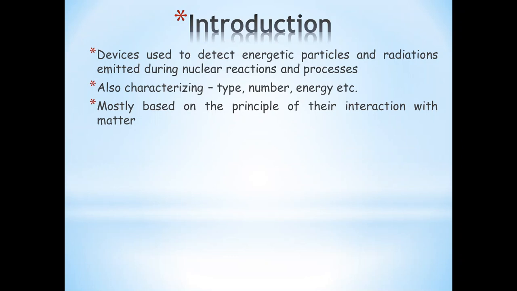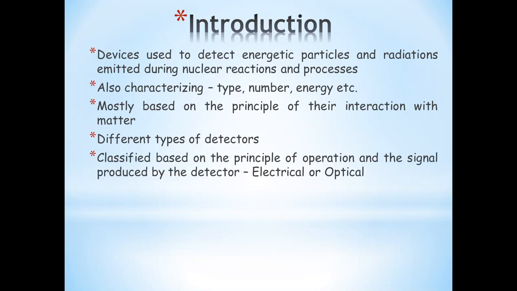So most of the detectors are based on the principle of interaction of these energetic particles and radiations with matter. Based on that, different types of detectors have been designed which can detect different kinds of particles and radiations. They are classified based on the principle of operation and the signal produced by the detector.